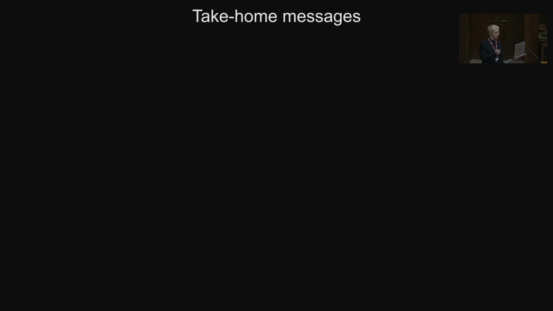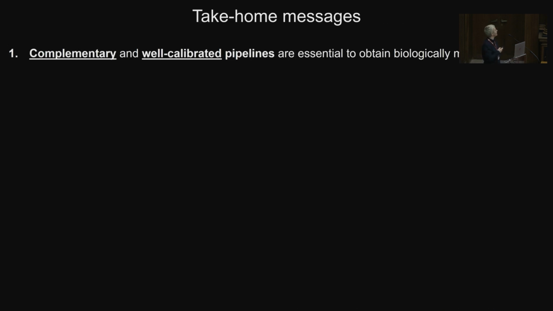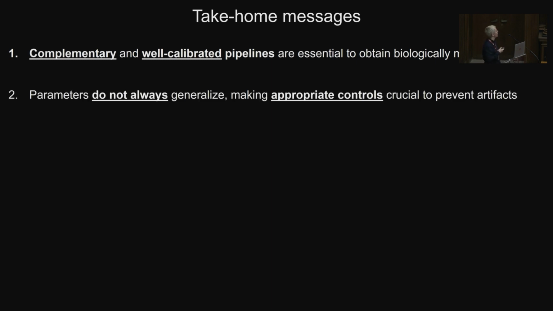Going into conclusion, I would like to leave you with this consideration. Complementary and well-calibrated pipelines are essential to obtain meaningful results. Also, parameters do not always generalize. Even if published in the literature, check very well that they are right for your experimental paradigm, and try to include the proper controls to prevent analytical artifacts.